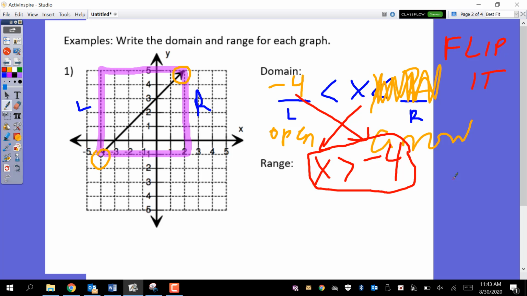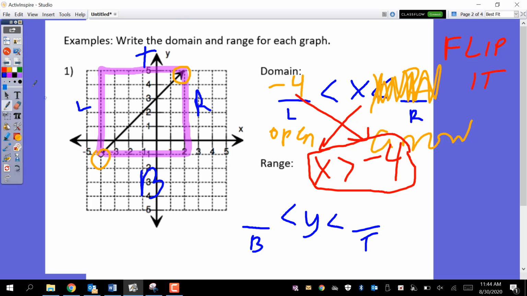For my range, I know it's still blank less than y less than blank. The first number comes from the bottom and the second number comes from the top. What is the y number on the bottom?